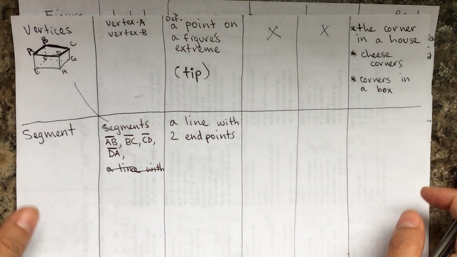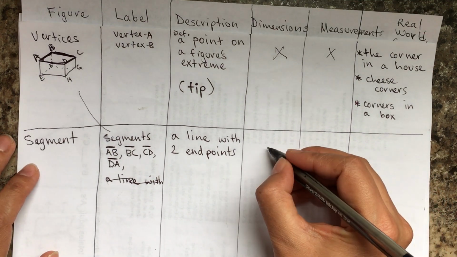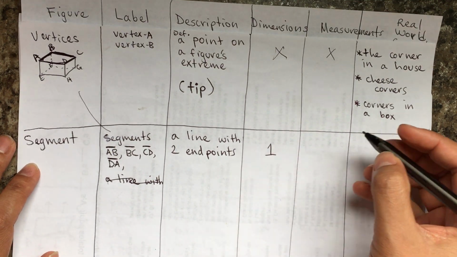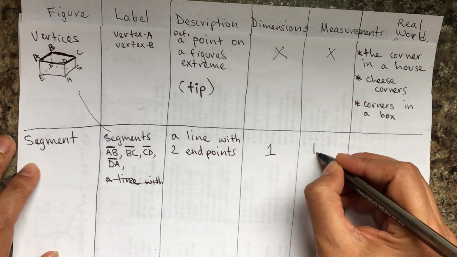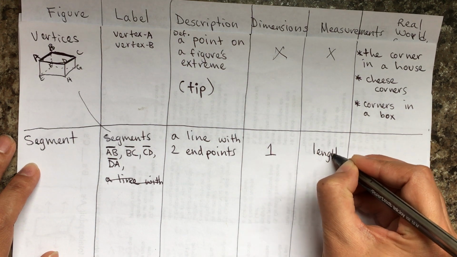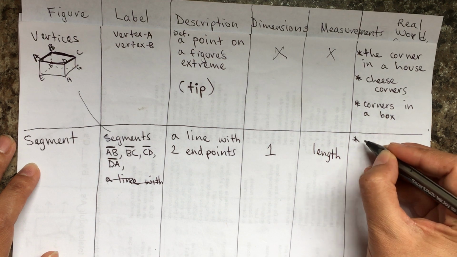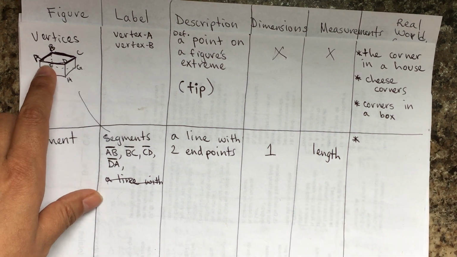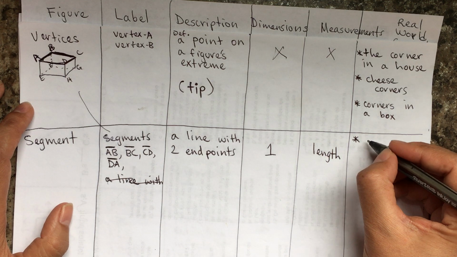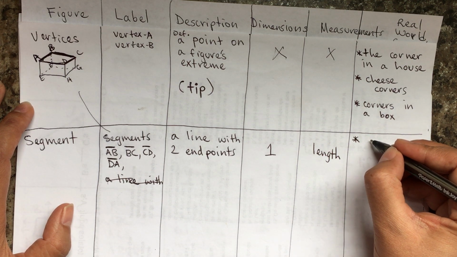What would be the dimensions? It would be one dimension, and it will be the same as the line length. What are some real-world examples? In the classroom, they said the table's edge.